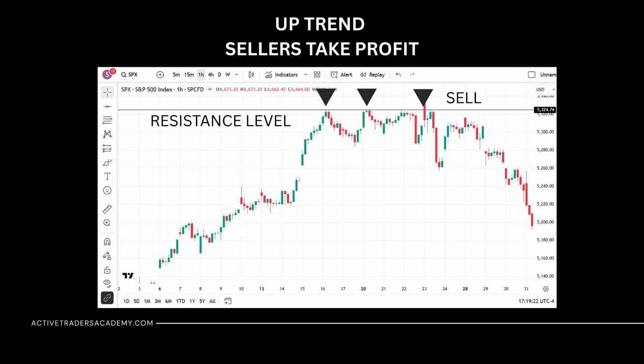Okay, at a very simple level, it is an uptrend, right? You can see higher highs, higher lows, but you can see very clearly on this chart that the S&P has a hard time trying to get above 53.24. Tried how many times? 3 times.